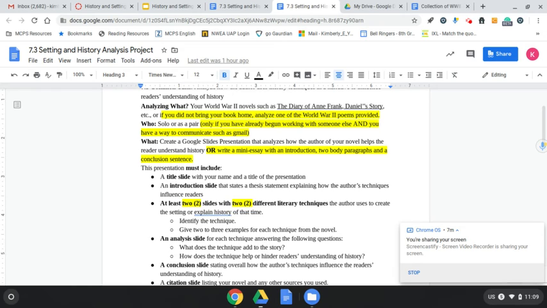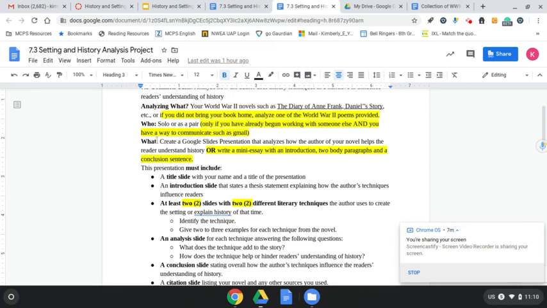However, if you do not have a way to contact a classmate and say, hey, can I work with you? Please work alone. I would rather you get a good grade for yourself than have you wait around and see if you can find someone else to work with. So if you don't already have someone to work with, please complete this project on your own.